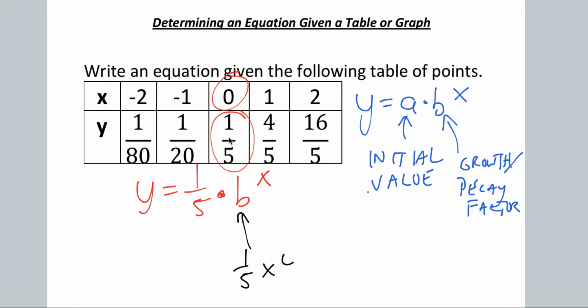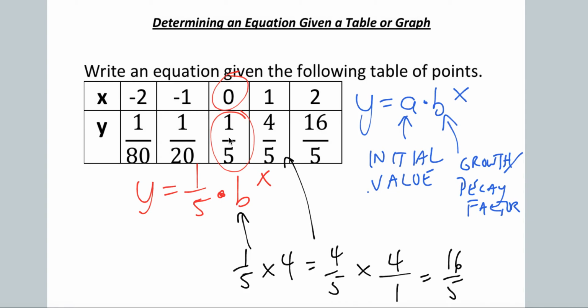1/5 times 4 gives us 4/5. 4/5 times 4 gives us 16/5. And that holds true for 1/80th to 1/20th.